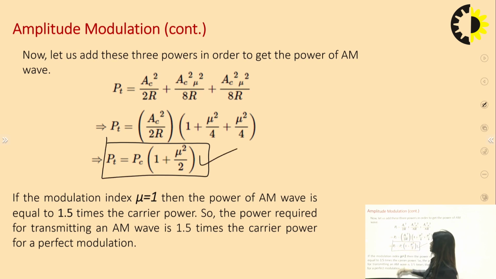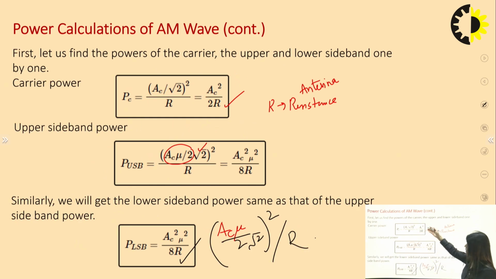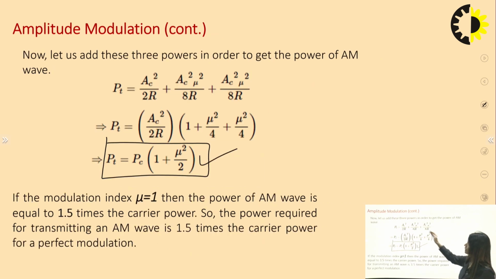We have just substituted the values: AC square upon 2R plus AC square mu square upon 8R plus AC square mu square upon 8R, yielding the total power PC into 1 plus mu square by 2. Again, you have to remember this formula. This is very, very important, and I am suggesting first year students learn this formula for solving numericals of amplitude modulation.